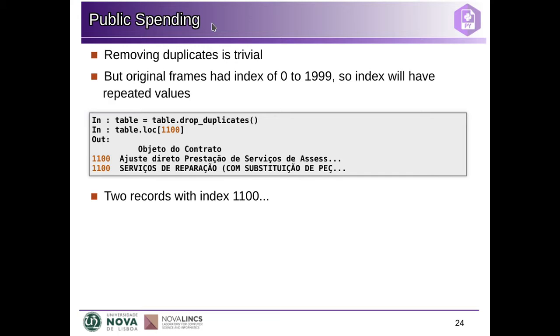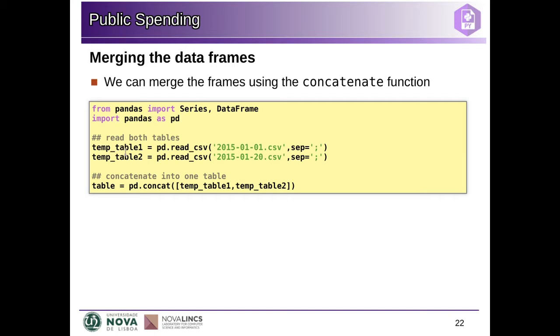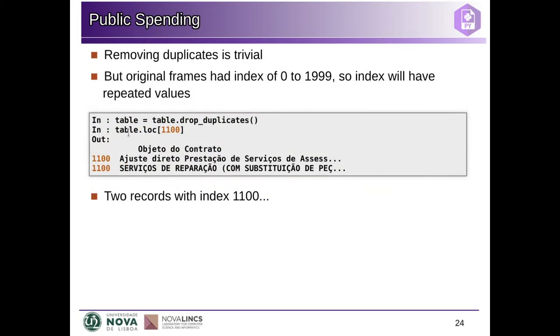Okay, so now we have a little problem, because when we loaded the table, an index was created from 0 to 1999 for the first one, and the same for the second one. Then when we concatenated, even after removing the duplicates, so we can use drop duplicates to remove all the rows that are equal to some previous row, all the duplicates will be gone.